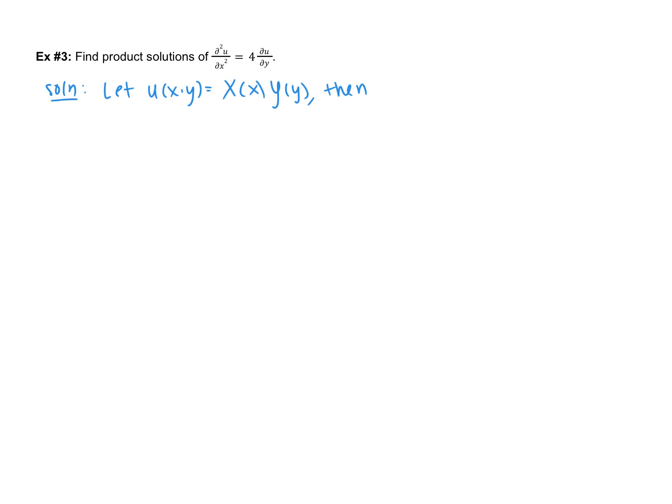Then I can rewrite this differential equation as the second partial with respect to x is X double prime Y, and that'll be equal to 4 times the partial of u with respect to y, which is just X Y prime. Now, one thing that I want us to remember is that these are all functions of x and y.